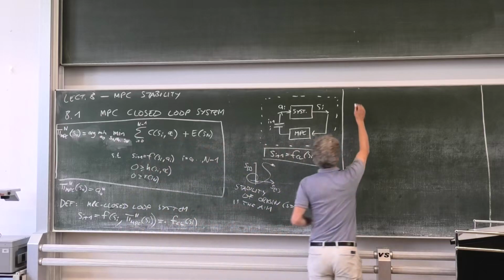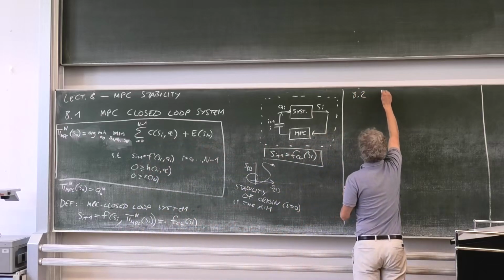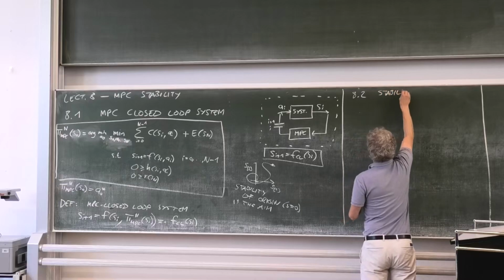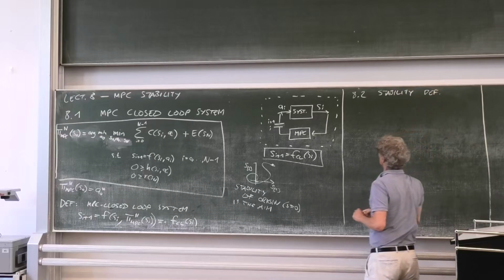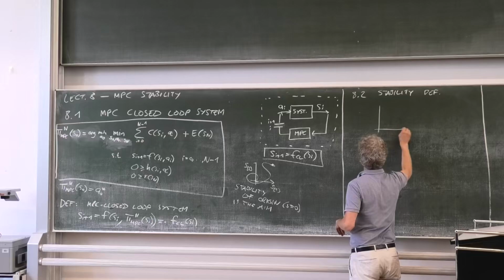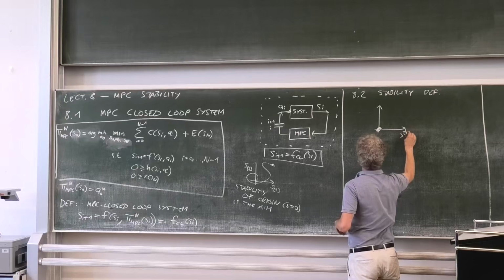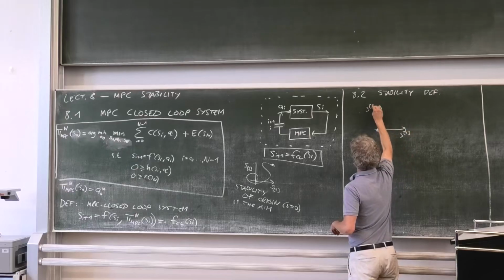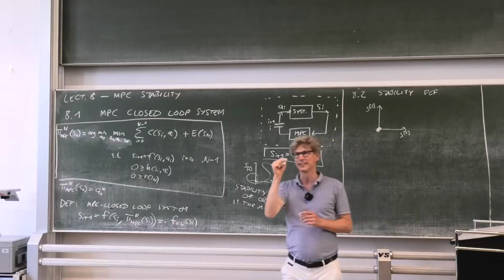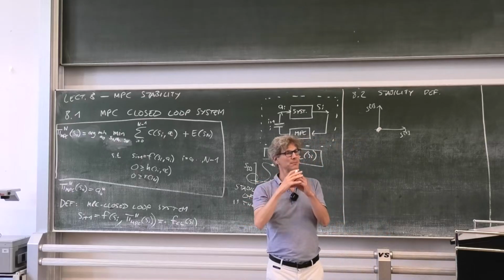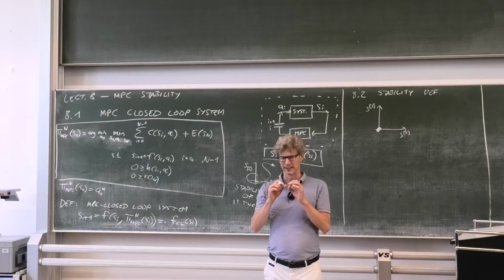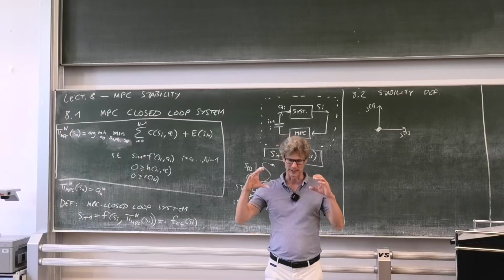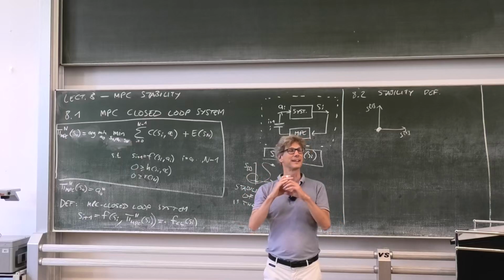So let me give you a definition of stability of any system. And so basically, if you think of it, I do the same plot here. I have my origin. I have, as I said, two components of my state. Then what I somehow want is that, I mean, local stability is the following. If I go close enough to the origin, then I stay in the neighborhood of the origin.